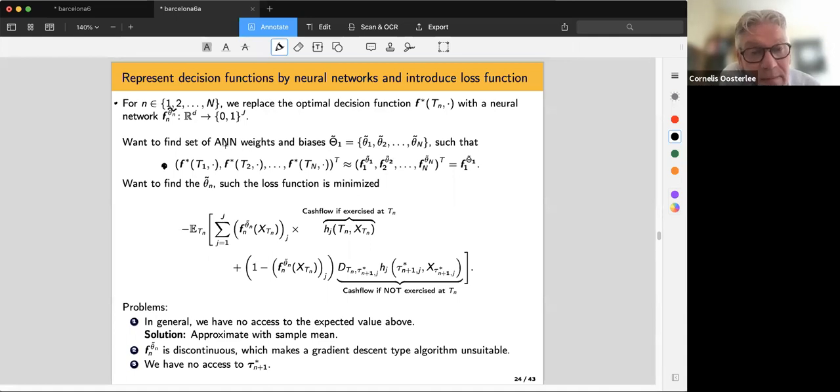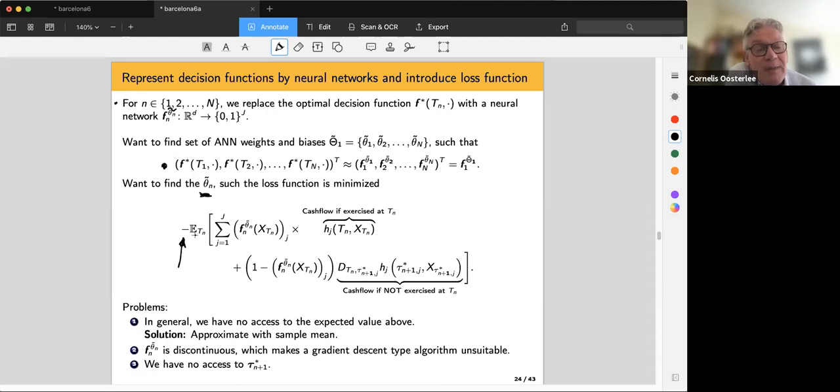And for each time point, we have a neural network, and these neural networks are learned. We want the neural network weights and biases such that the loss function is minimized. The loss function has a minus here because we typically minimize in neural networks, so we need a minus in order to stay in the methodology of neural networks.